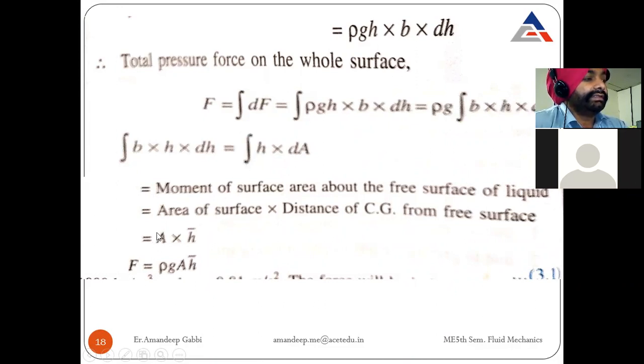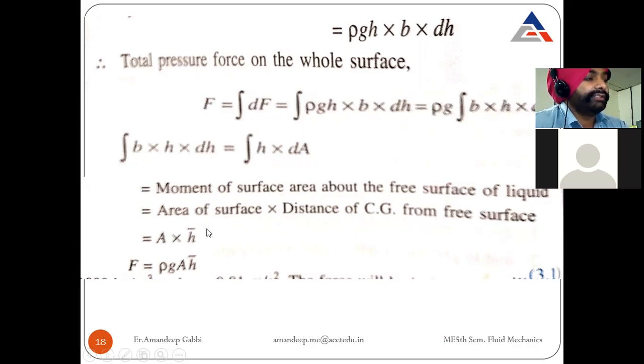Now this equation becomes rho g into A into h bar. If you integrate h into dA, it is equal to the area of the surface into the distance of the center of gravity from the free surface. H bar is the distance of the center of gravity from the free surface.